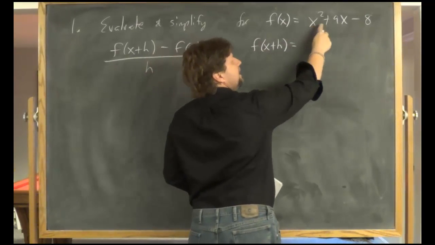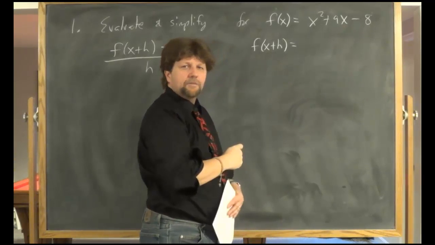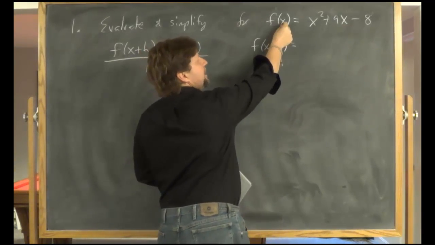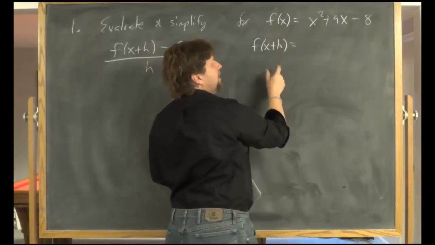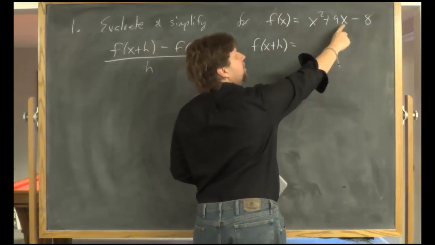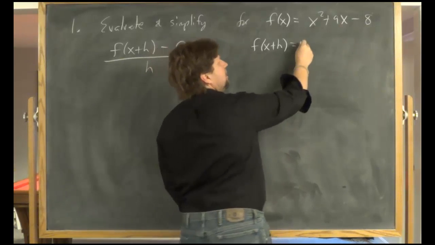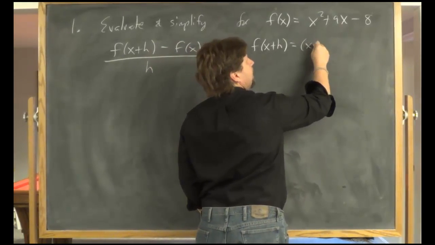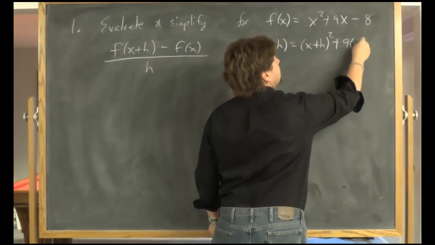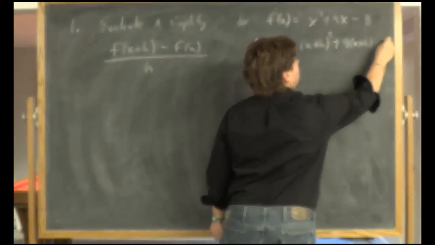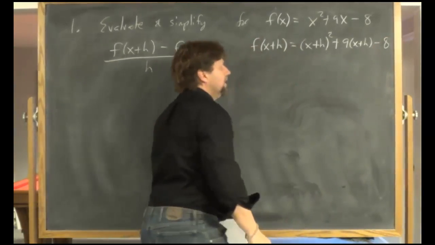Now wherever I see an x, I'm going to put in an x plus h. So x plus h should go in here for x, and x plus h should go in there for x. So look what that gives us: x plus h squared plus 9 times x plus h minus 8.